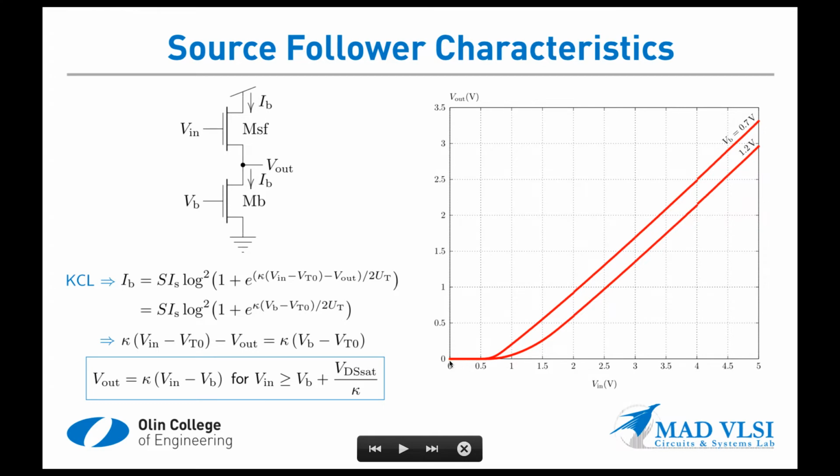And you can see here that for this first curve, we have a bias voltage of about 0.7 volts, which is kind of in moderate inversion for these transistors. And you can see that if we extrapolate this curve back to where it intercepts the V-in axis, it's about 0.7 arguably. And 1.2 volts is kind of a strong inversion bias, not super high up in strong inversion.